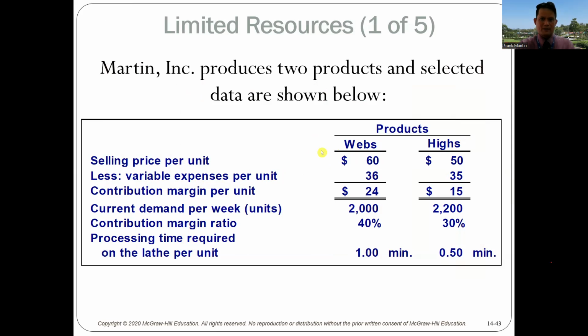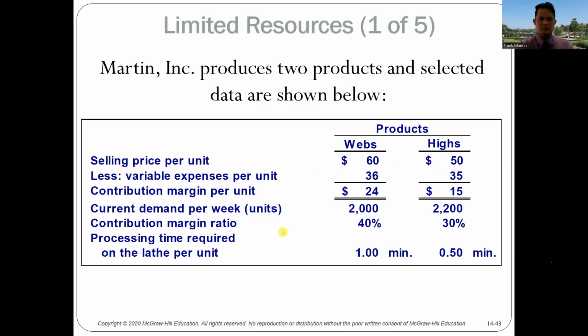For webs, the selling price per unit is $60. For highs it is $50. Now there's a variable expense per unit of $36 for webs and $35 for highs. You will get the contribution margin per unit for webs of $24. For highs it is $15, because 50 minus 35 equals 15, and 60 minus 36 equals 24. So this is the contribution margin per unit of these two products.